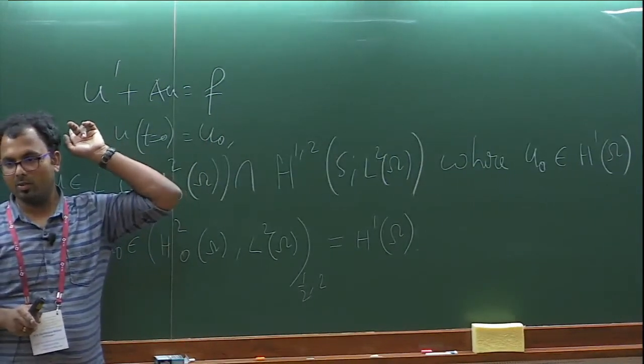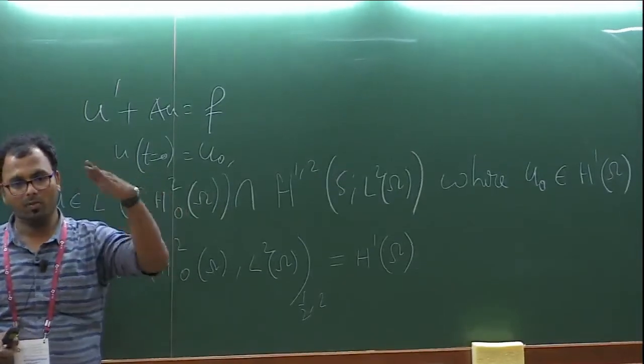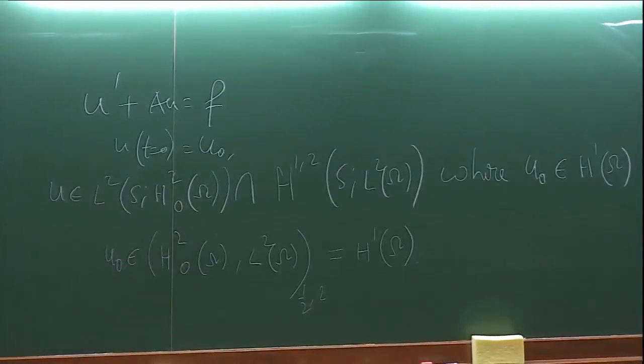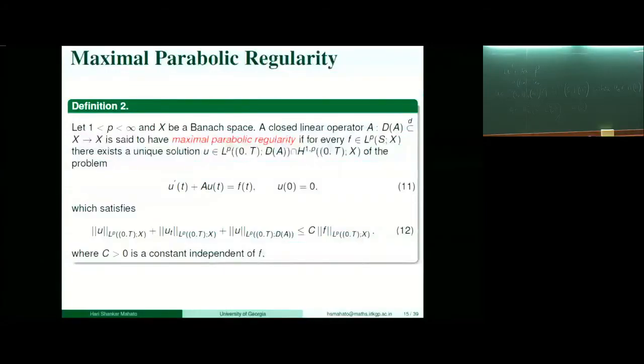So this particular property says that if you have your Cauchy equation in this format, where A is your closed linear operator, which can be our elliptic operator, then this equation will have a unique solution for every f in L^p of (S, X).